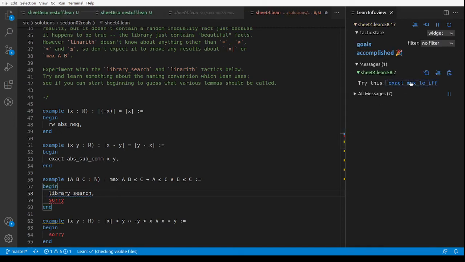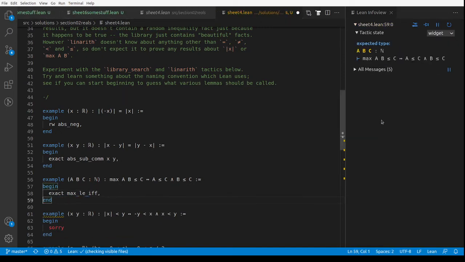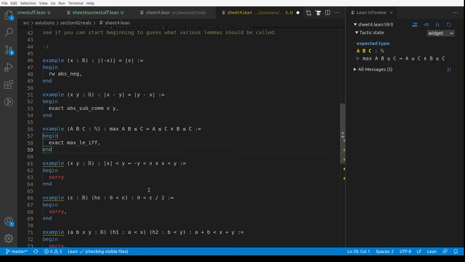And library search tells you it's max_le_iff, but what I'm saying is, after a while, when you get the hang of these things, you can start guessing what the names of the lemmas are. There's only a few tactics, but there's thousands and thousands of lemmas. We've seen most of the tactics we'll be using in this course already, but there's many lemmas.